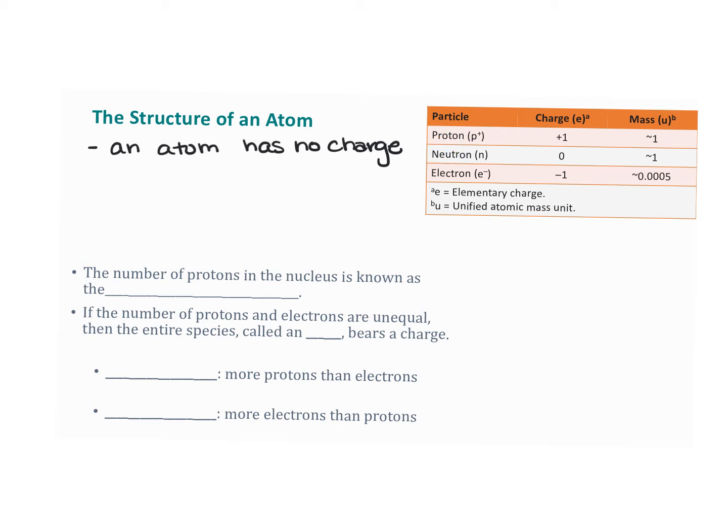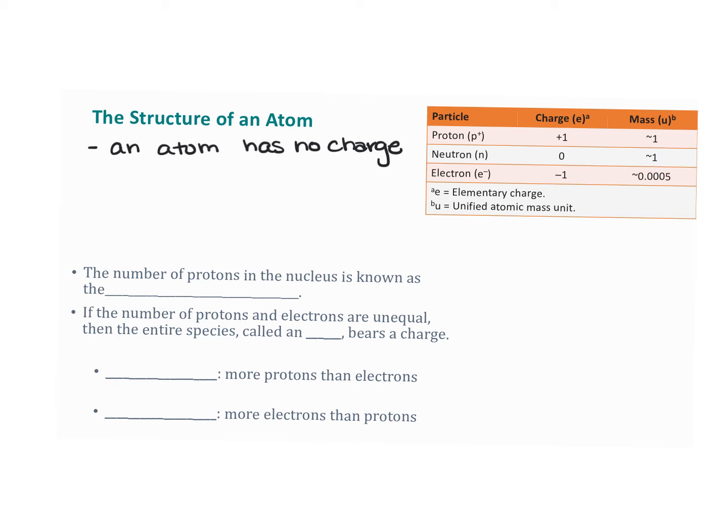So we have protons, neutrons, and electrons. Notice that when we look at the mass of protons and neutrons, relatively, they're about the same, 1 to 1. But I want you to notice that this mass is much greater than the mass of an electron, which is 0.0005. Okay, so electrons are really small comparatively to those neutrons and protons.